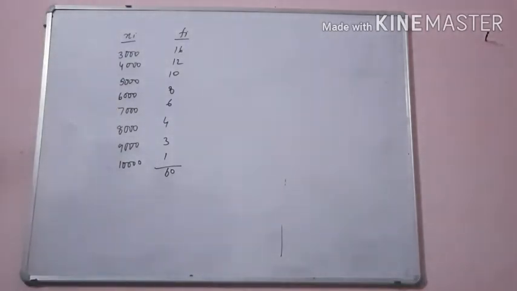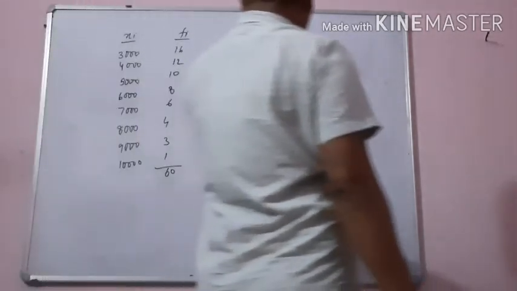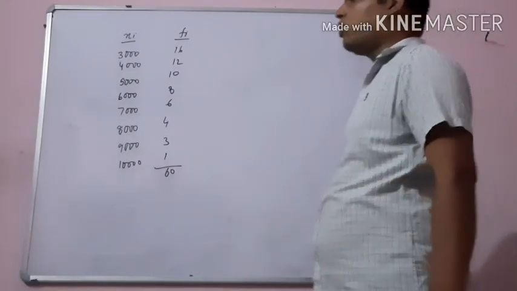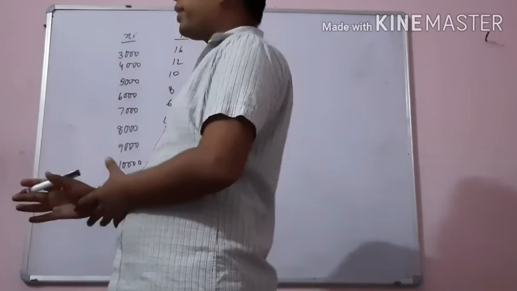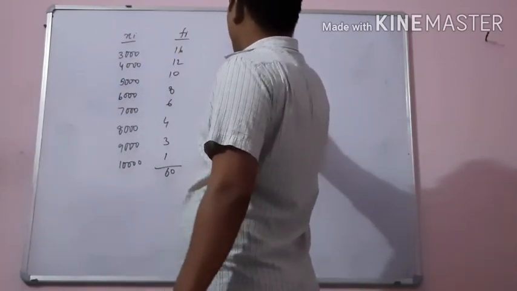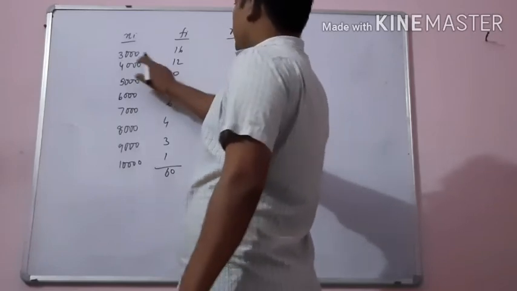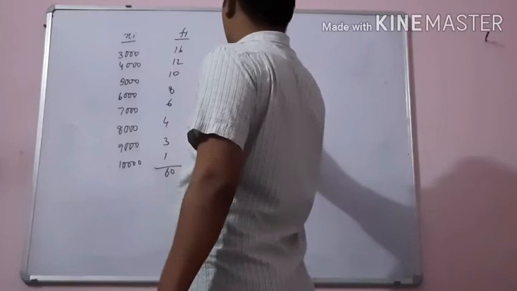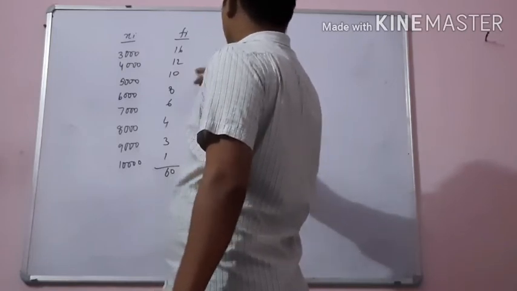Now for this, whenever data and frequency are both given, in that case you have to find the product of data and frequency. So here you have to find xi fi. Now 16 into 3000 that is 48,000.